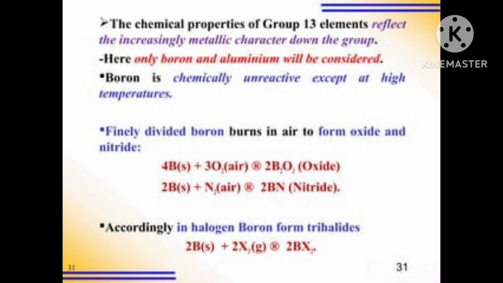In general, 2E, where E means element, the metal, is solid: 2E plus 3X2 gives 2EX3, where X is equal to fluorine, chlorine, bromine, iodine. Okay.